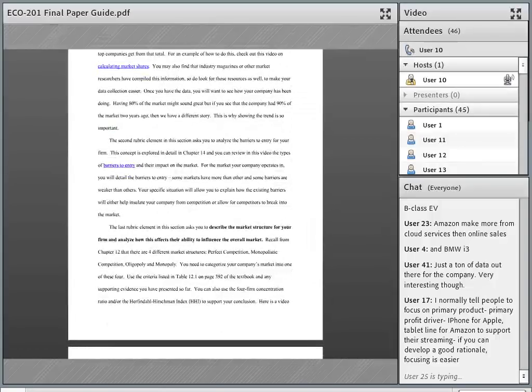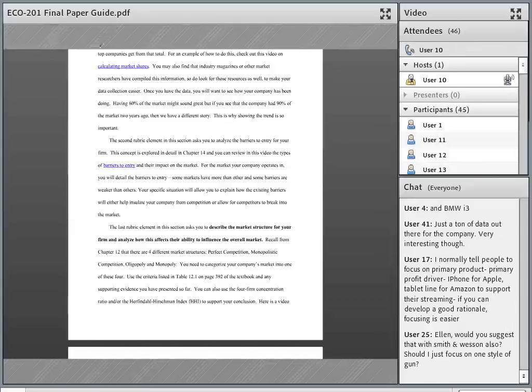All right. So the next element here is on barriers to entry. So you're going to analyze the barriers to entry for the market that your firm is in. Actually, I should reword this now that I'm reading it, but I believe the rubric is better worded than this. What I would recommend is that you take a look at this video that's linked here, because it is from a chapter that we're going to read in full next week.